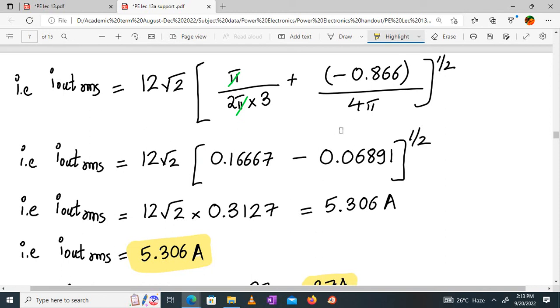Are you all getting these answers on your own with your calculator? I out RMS is 5.3 amperes. Please confirm. Unless and until you get confidence of getting the answers with your own calculator, it will not work, even if you know the formulas.